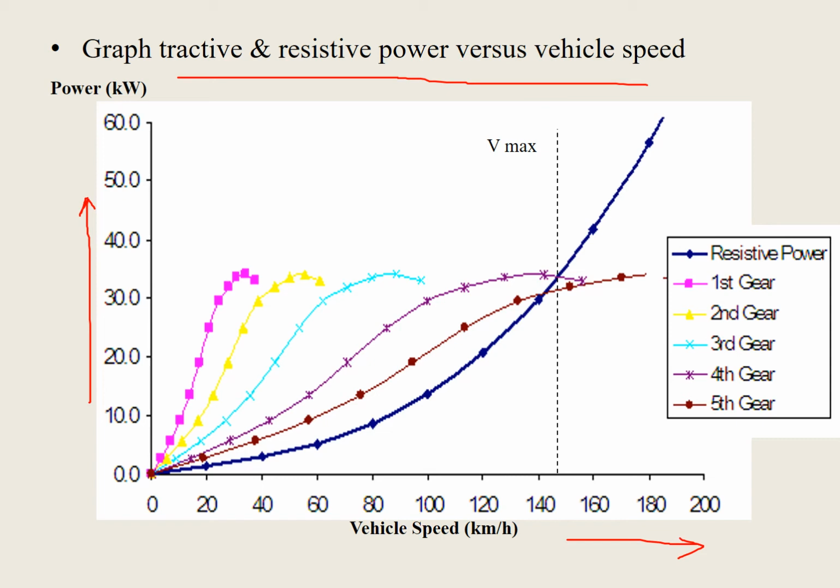You can see that in first gear, the speed is only about 40 or below 40 km per hour, where we have used the maximum power of the engine, about 35 kilowatts. And then you can see second gear, third gear, fourth gear, and the fourth gear will be the maximum speed here.